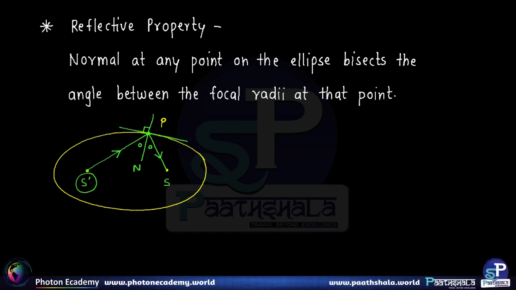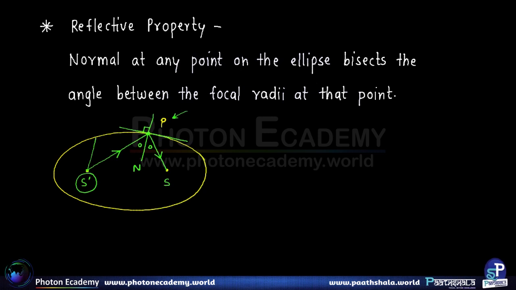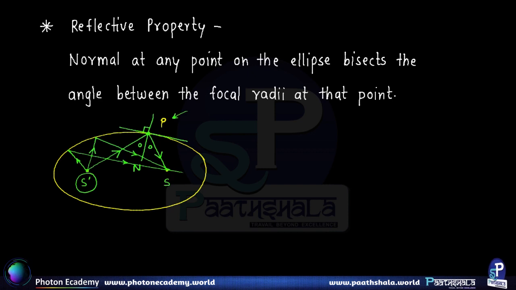So no matter which point P we consider, the reflected ray will always pass through the focus. So if we consider some other ray, on hitting the ellipse, when it reflects, it will always pass through the second focus. That is the reflective property of the ellipse. Let us go ahead to the next one.